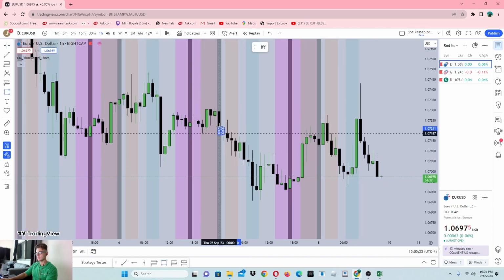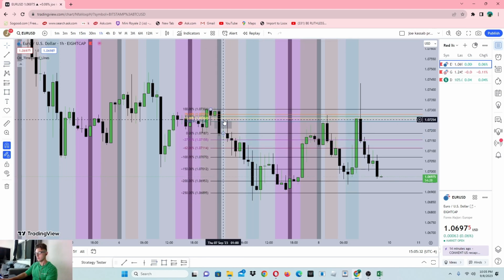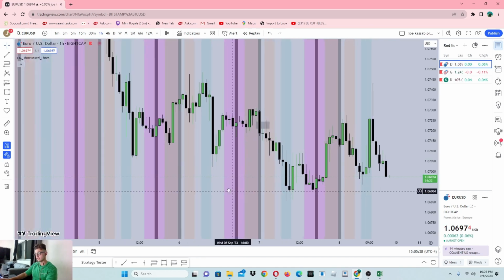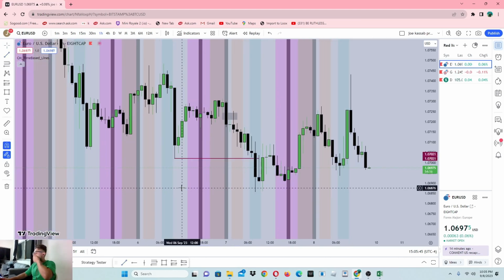My anticipation was entry on this hourly fair value gap, on the retracement of this hourly fair value gap. As you can see, we retraced into the 50% and we started rallying, expanding to the downside, and this was my target. I have two entry models I can take during the session and a specific stop loss, but the targets are very simple: previous day's highs and lows or weekly targets.